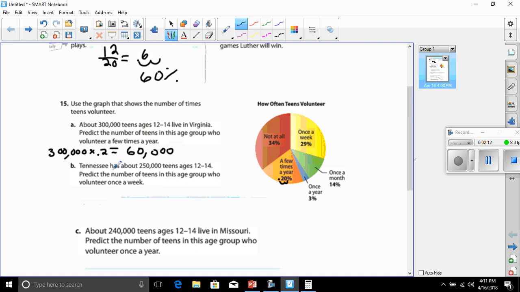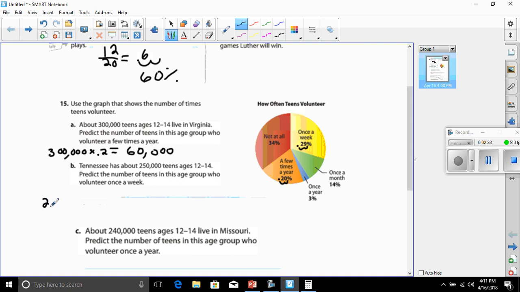Part B says Tennessee has about 250,000 teens ages 12 to 14. Predict the number of teens in this group who volunteer once a week. Once a week is 29%. If we move our decimal over 2 spaces, that's 0.29.